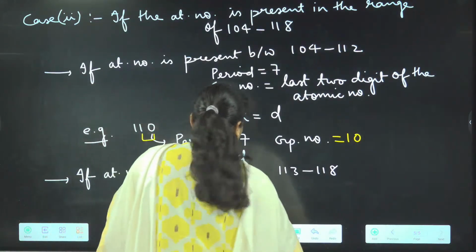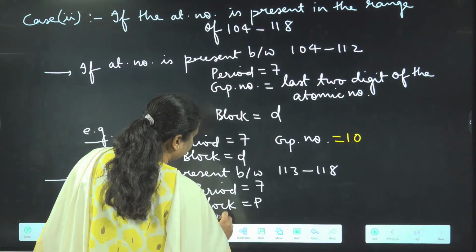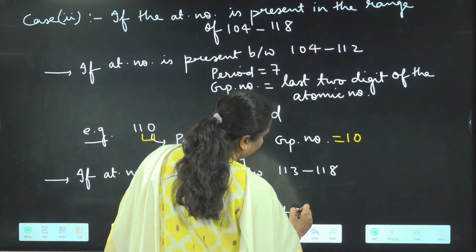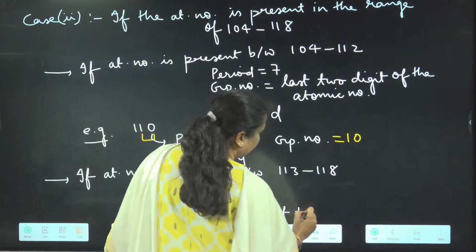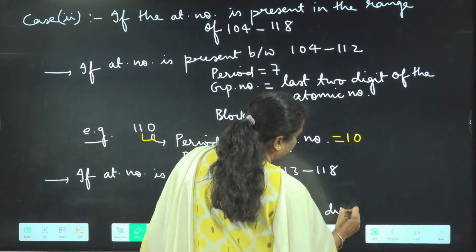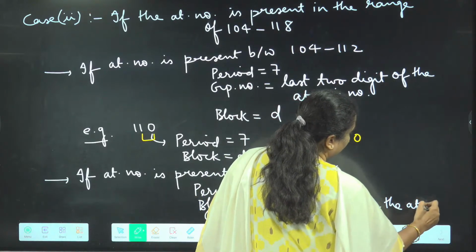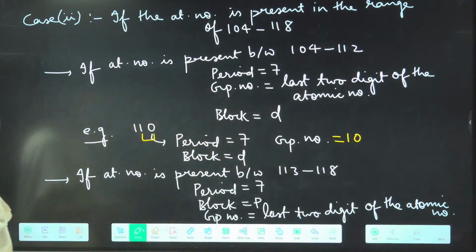Okay. So block is already done. Then we are looking for group number. So group number is also decided by the same way. Last two digit of the atomic number.